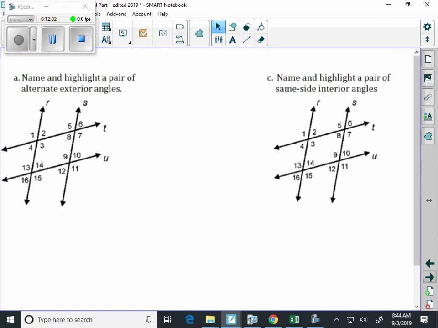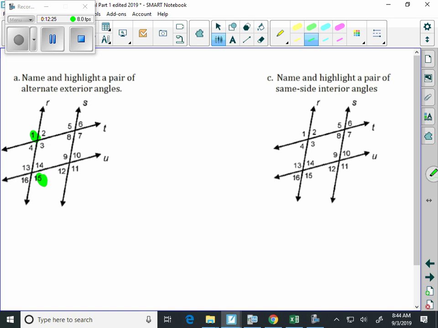Name and highlight a pair of alternate exterior angles. So they're outside of the parallel lines. So I did angle 1 and angle 15 over here on part A, and then over here on C, name and highlight a pair of same side interior angles.